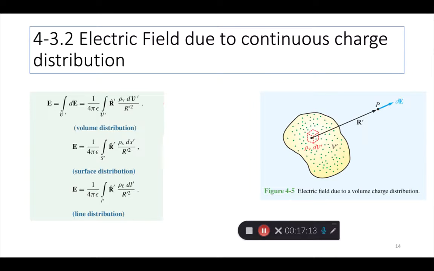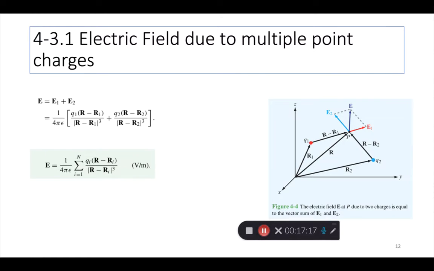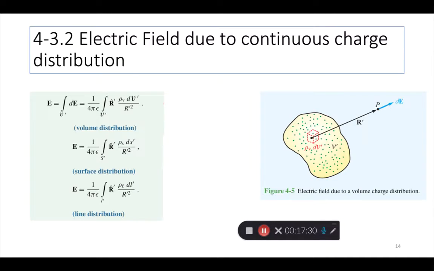Let's move on to continuous charge distributions. So far we studied point charges, small charges and how they create a resulting electric field at any point. Now what if you have a charge distribution?